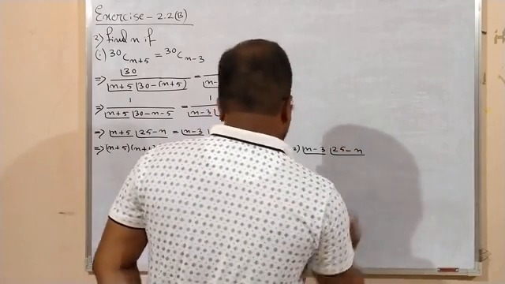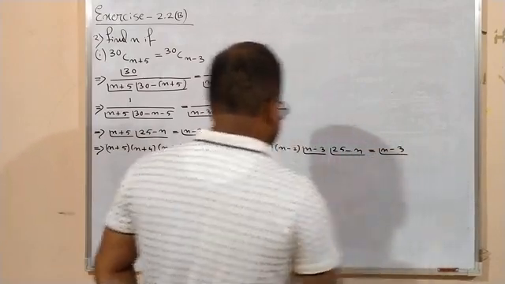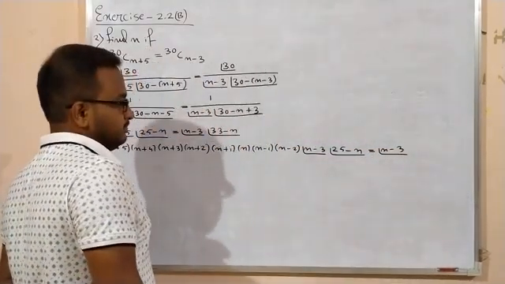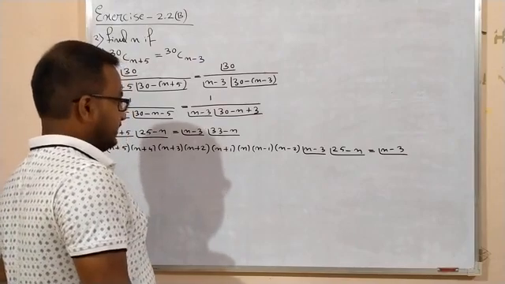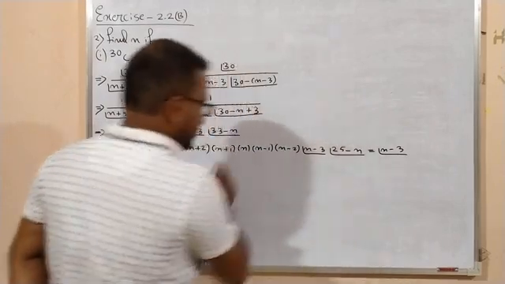And this equals factorial n minus 3, then you have to expand this one.